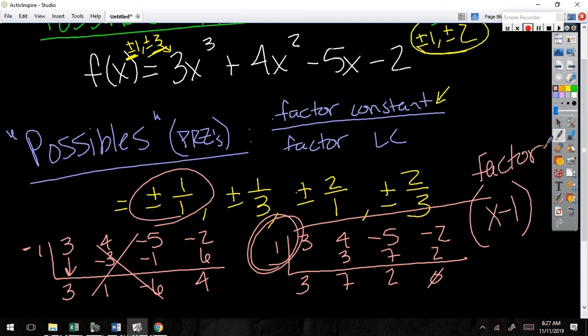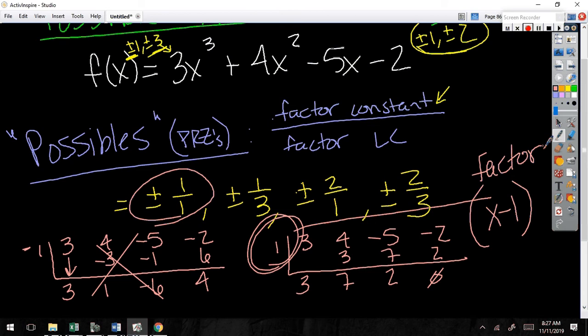I did it with -1, but because the remainder wasn't 0, it didn't work. So what you're doing is you're trying all of these until you get to one that has a 0. So I'll make you a little note so you have it in your notes.